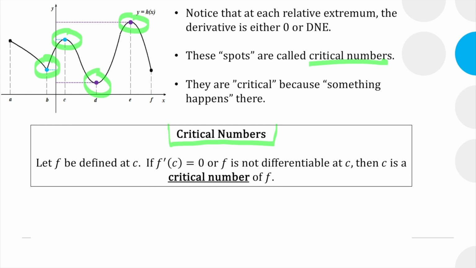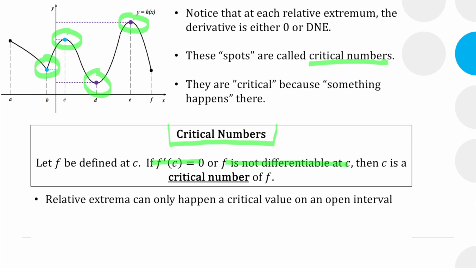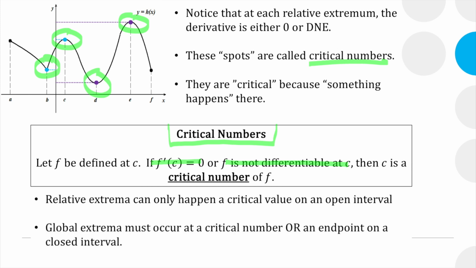If f prime of c equals 0, or f is not differentiable at c, then c is a critical number of f. Relative extrema can only happen at a critical value on an open interval. Global extrema must occur at a critical number or an endpoint on a closed interval.